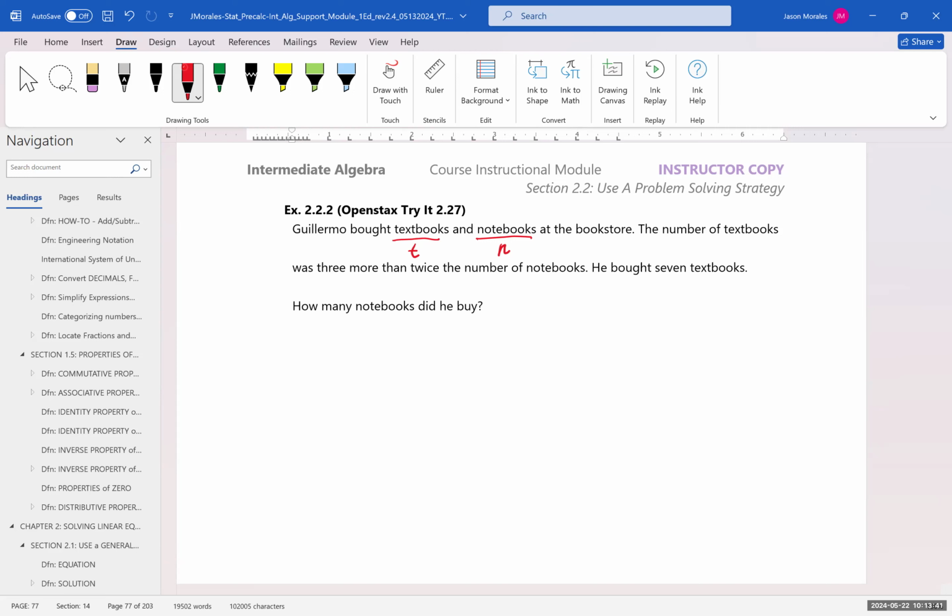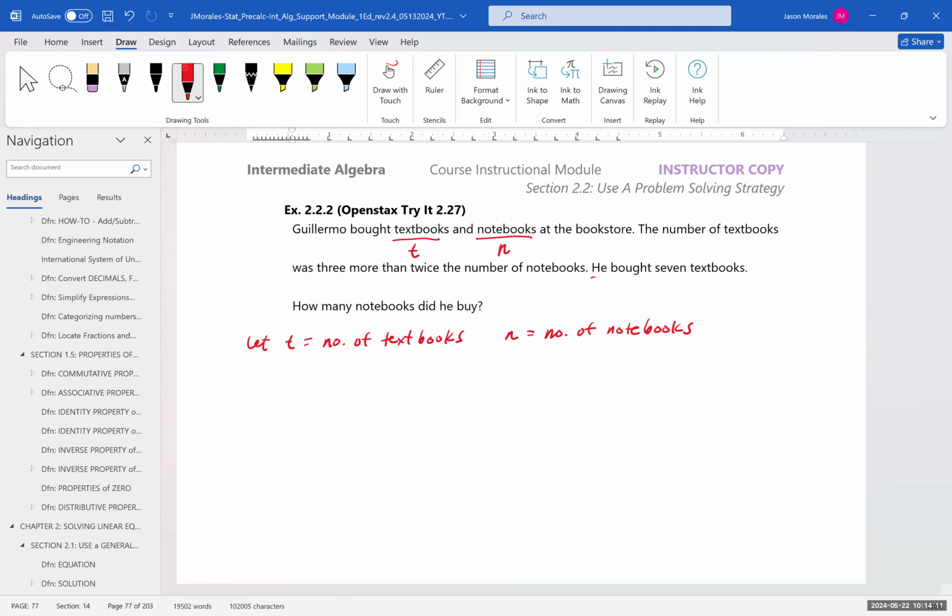So let's let T equal the number of textbooks, and N equal the number of notebooks.